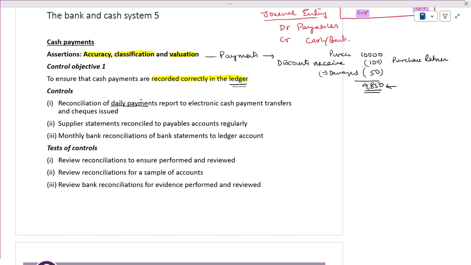At the end of the day, you should know what the cash balance is. Even if you are talking about an ATM or a CDM, the moment you deposit or withdraw an amount, it is automatically and immediately updated.